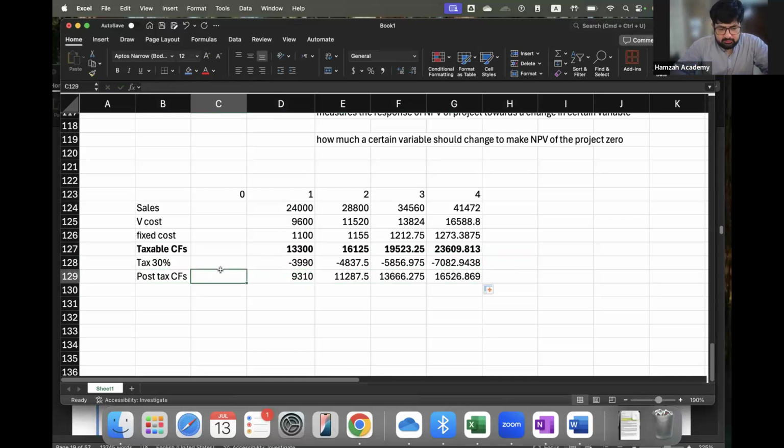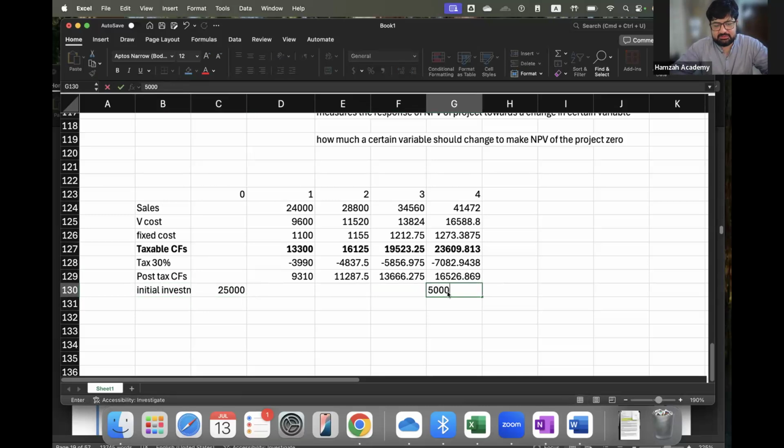Now, for example, initial investment in the project is 25,000, and scrap value is 5,000. So net cash flows: sum, this into this.